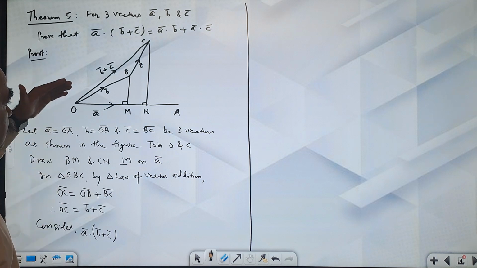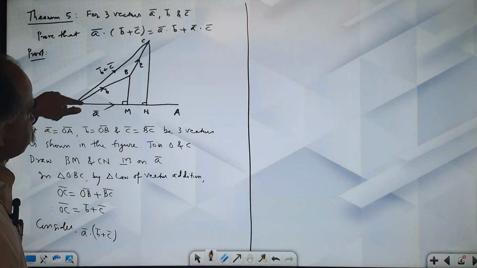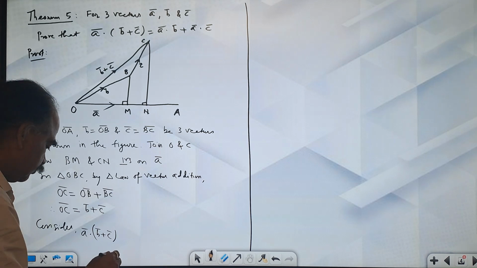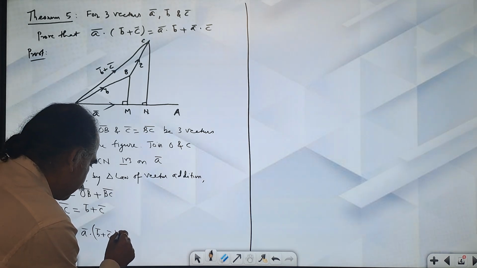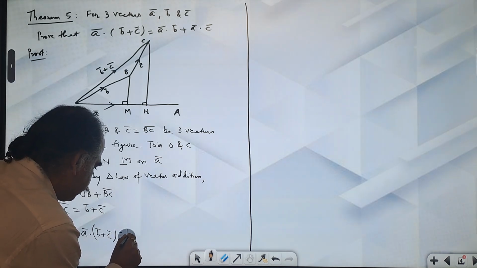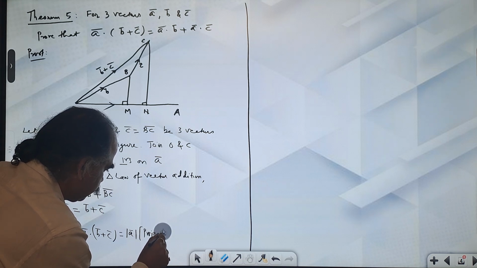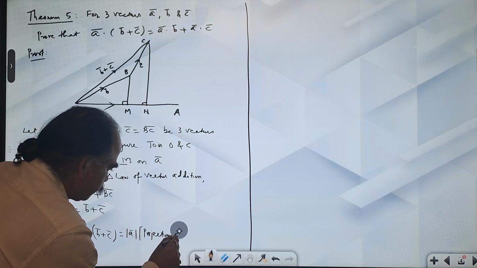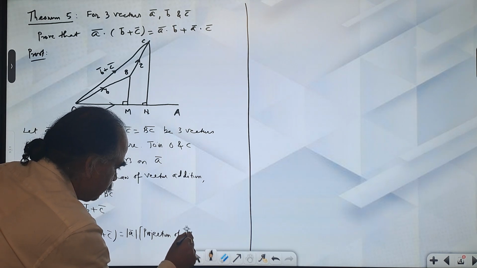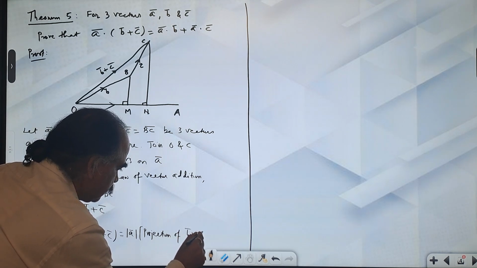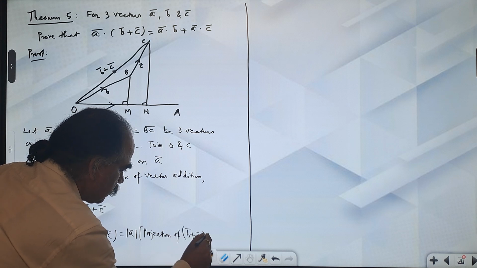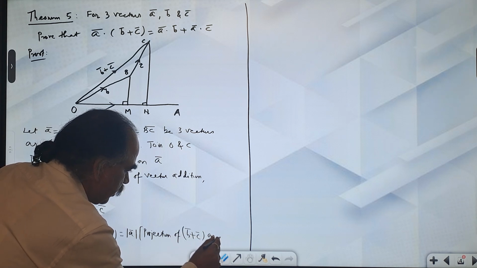So here you can see B bar plus C bar we are projecting on A bar. So we have to multiply by magnitude of A bar into projection of B bar plus C bar on A bar.